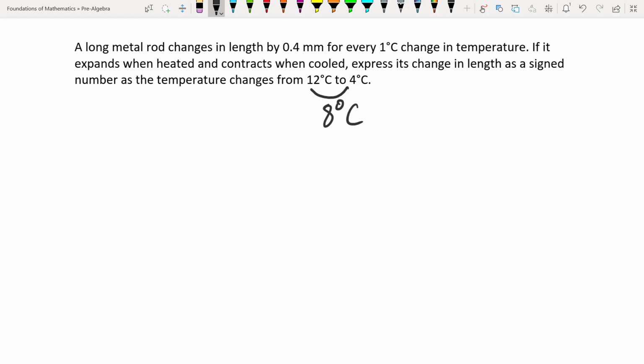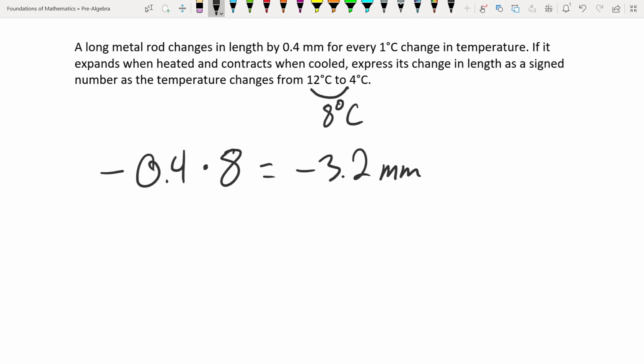And we know that if it contracts, it's going to be a change of negative 0.4 millimeters for every 1 degree centigrade. So for an 8 degree change, we're going to do negative 0.4 times 8. That gives us a negative 3.2 millimeter change.